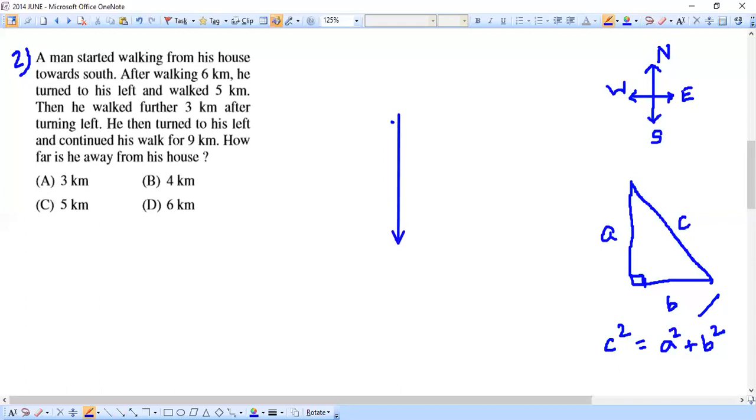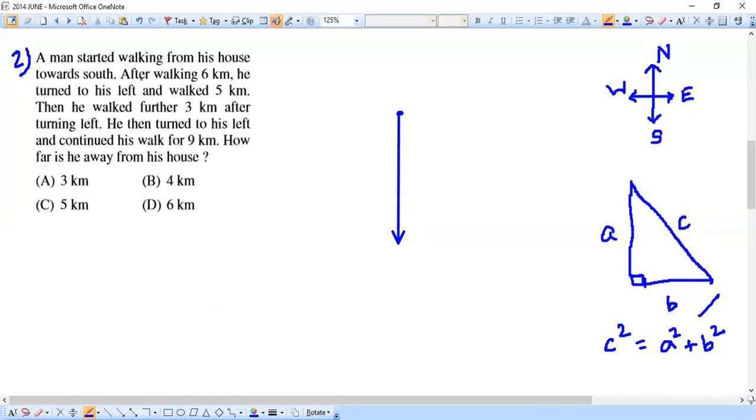So the starting point is where he starts, and he's going to travel towards south.